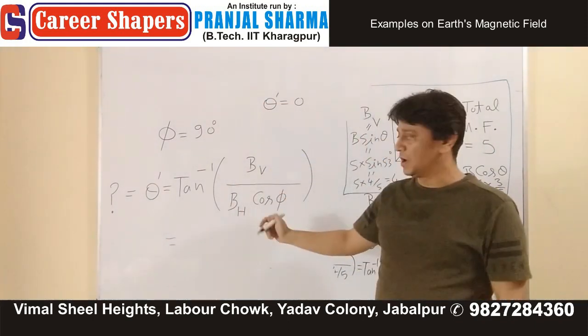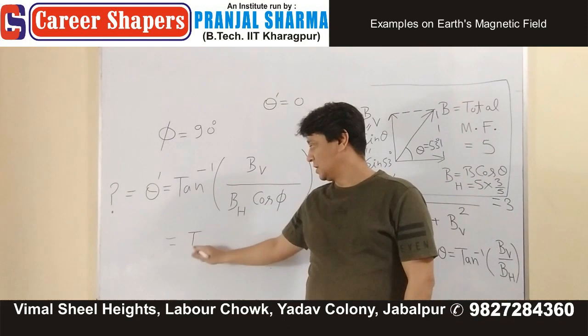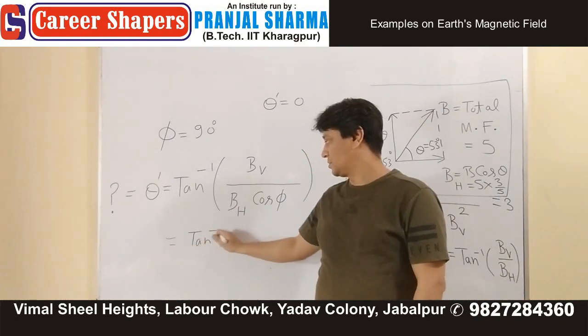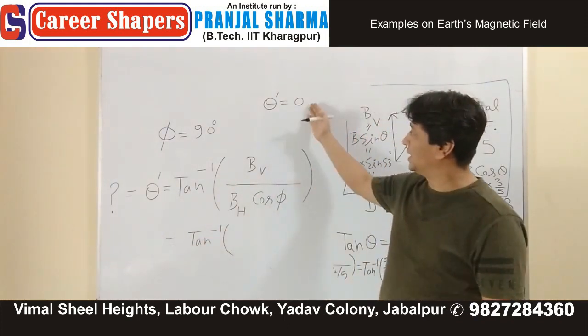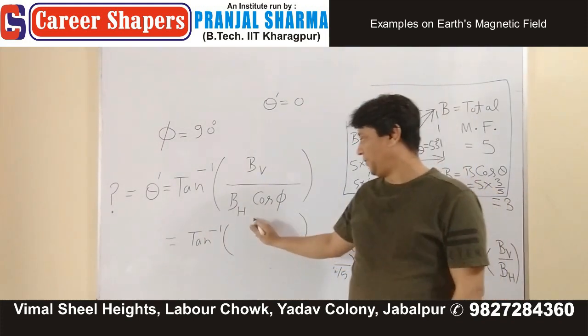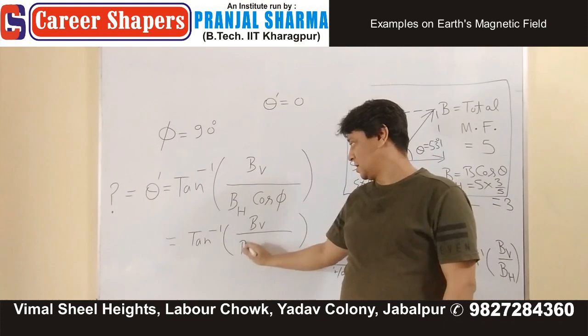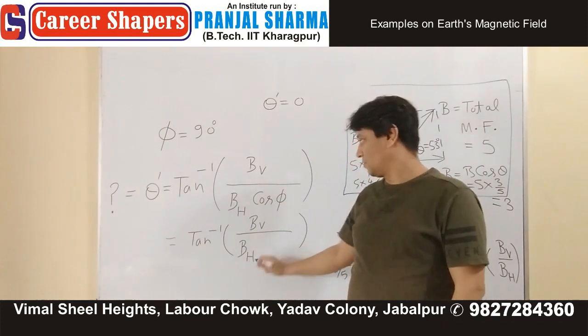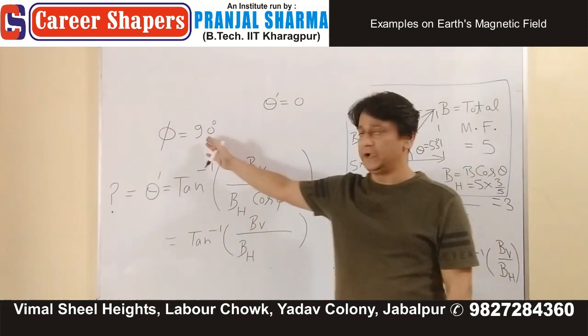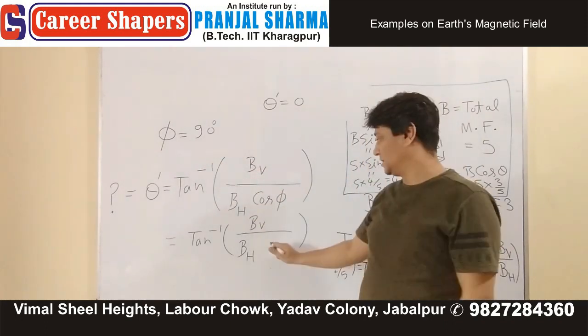You have the formula in front of you, but you are answering that theta dash is 0. What can I do? What is phi? 90. What is cos 90? 0.